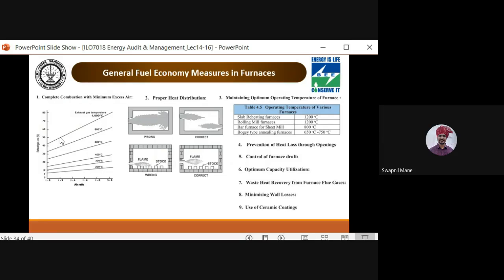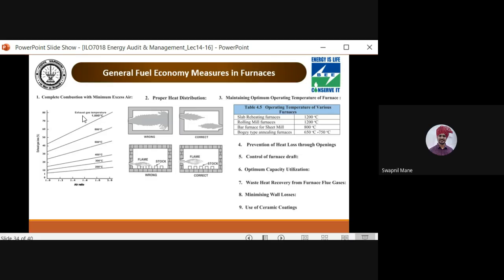So if you maintain a minimum excess air content, then your exhaust gas loss percentage will come down to 40%. Whereas if the exhaust gas temperature is 1000 degrees Celsius, and if you maintain the air fuel ratio at around 1, then the exhaust gas loss will be around 70%. That is not desired.